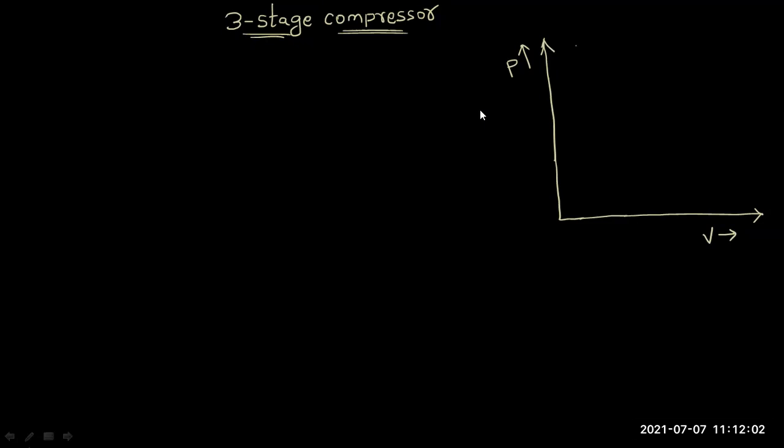So in a three-stage compressor, as the name suggests, how many cylinders will be there? Here in total we have three cylinders. Three cylinders means this will be the first cylinder. I will draw it. So here we will have the first cylinder.